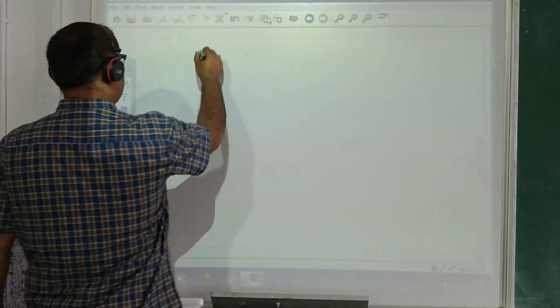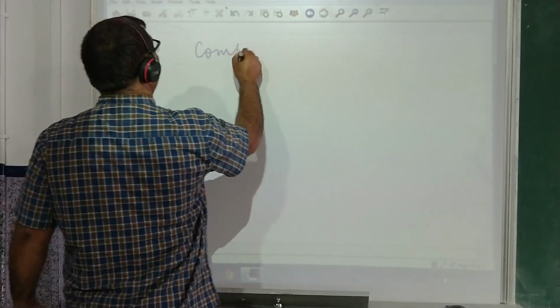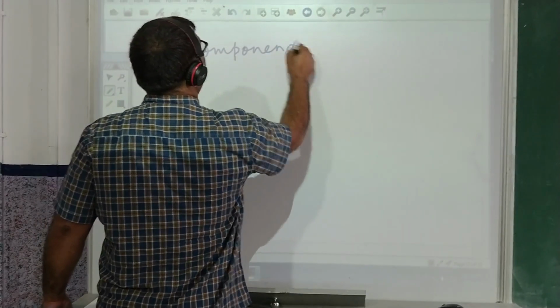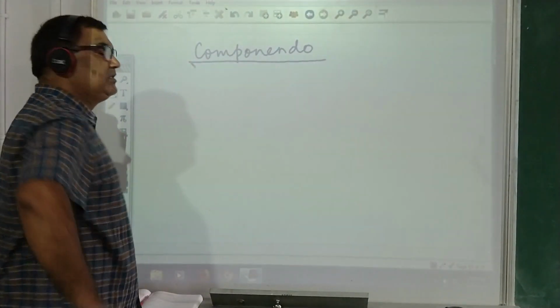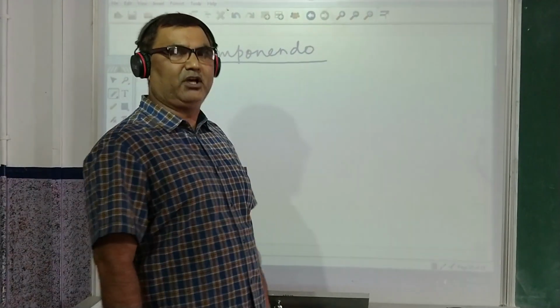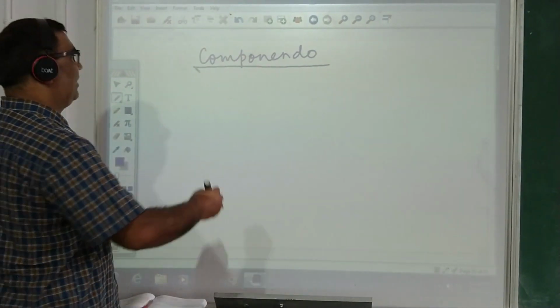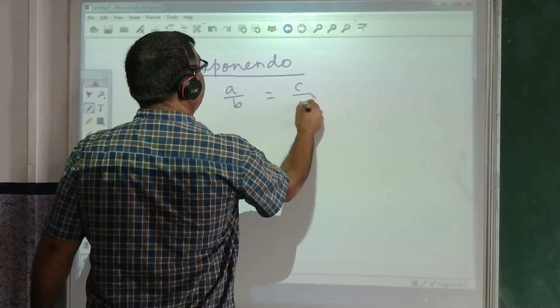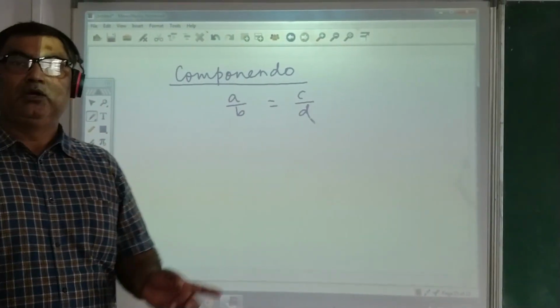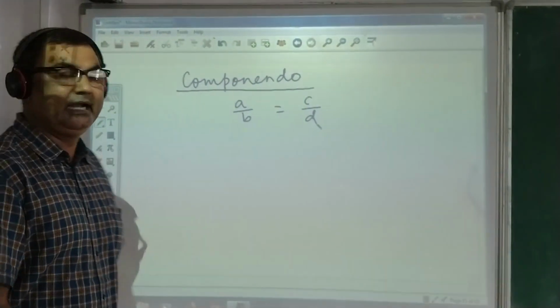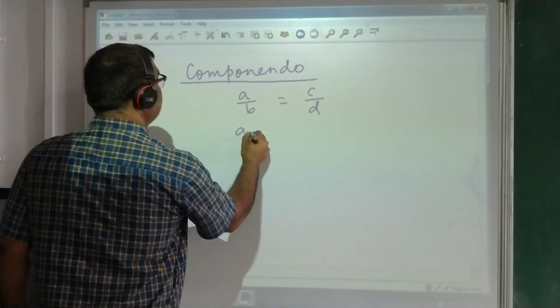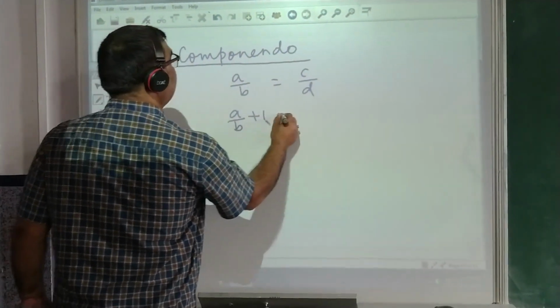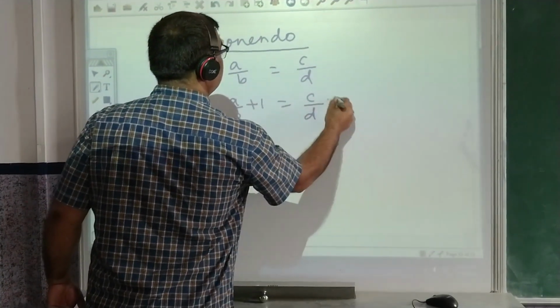Next term is componendo. We will use these terms in solving the sums. My dear, componendo. So A by B is equal to C by D. Now add 1 to both sides. So A by B plus 1 is equal to C by D plus 1.